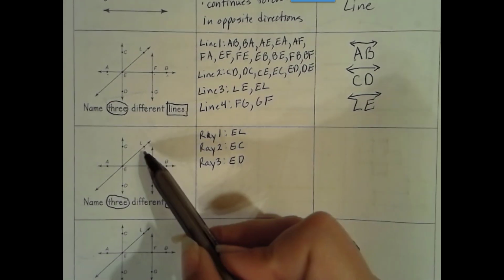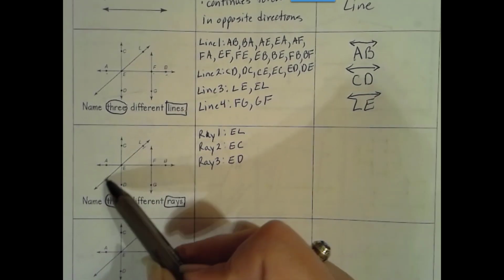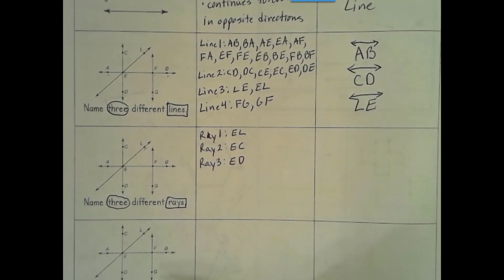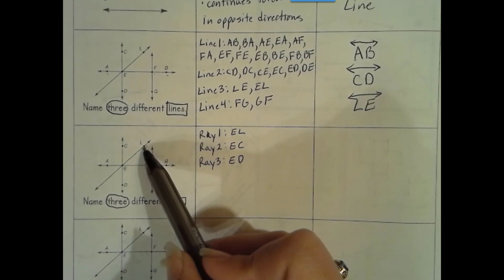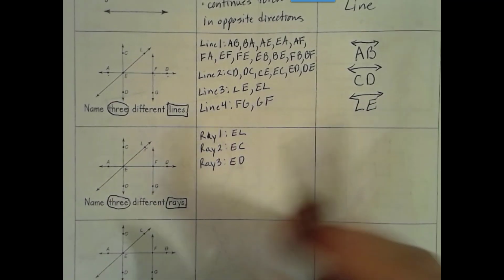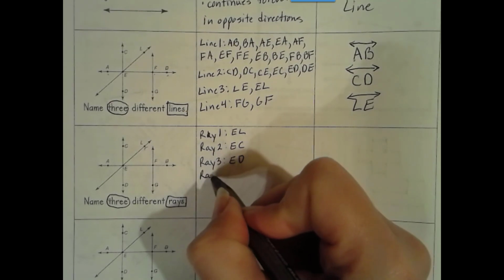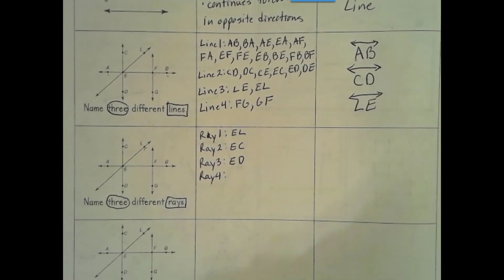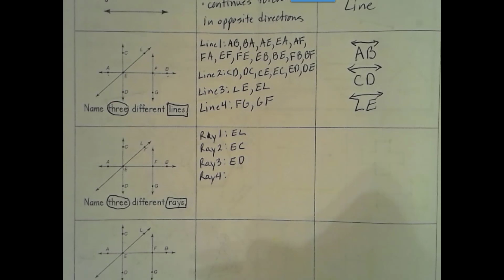You could have L be an endpoint and E be the continuation for it this way. But again, that's a different ray. It's going in a different direction, different endpoint. I'm not going to get all of them down, but just to show you quite a few of them.